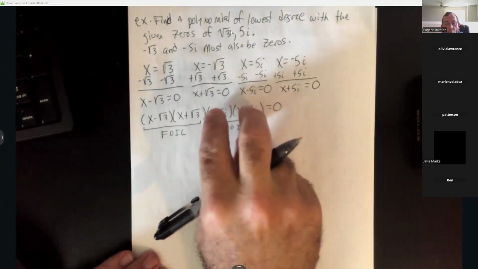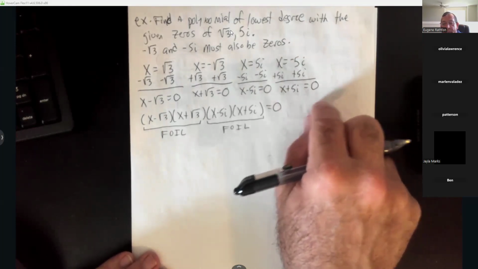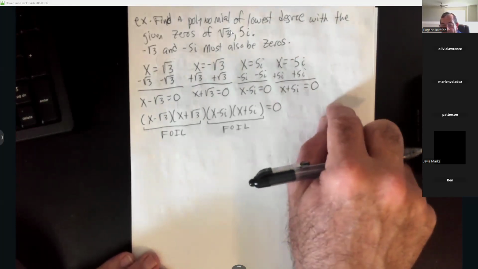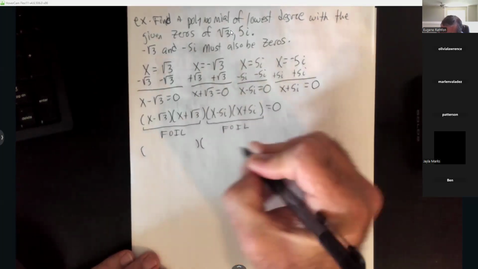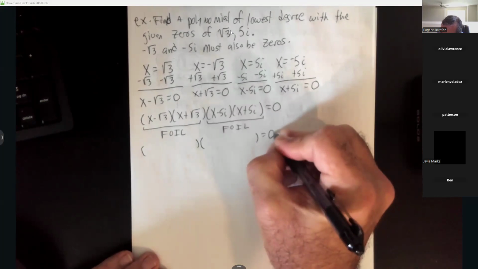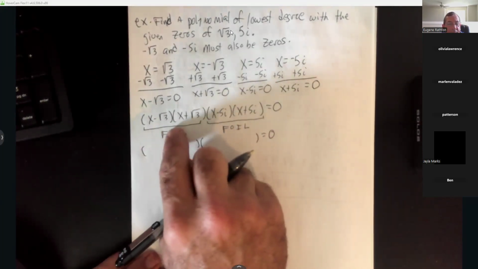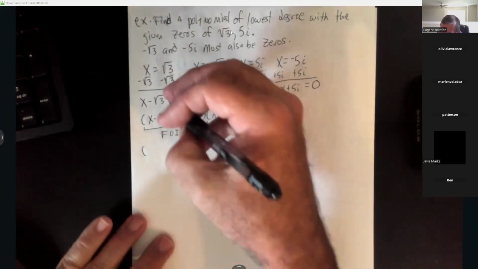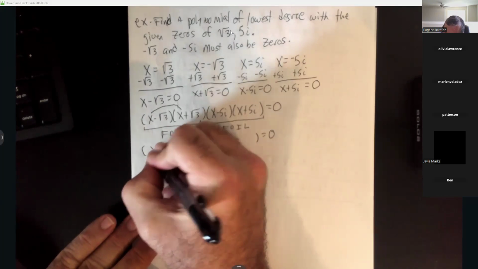Now, since we foiled these enough and y'all seen that the stuff in the middle is going to cancel, I'm going to do what I call shortcut foiling on these. Since the middle cancels on these, we can do x times x and get an x squared.